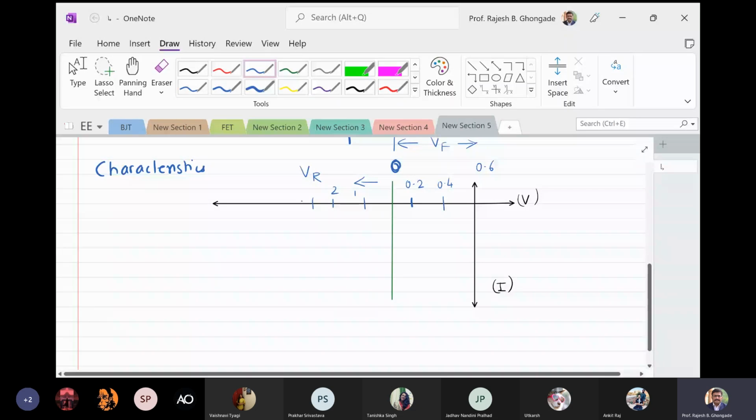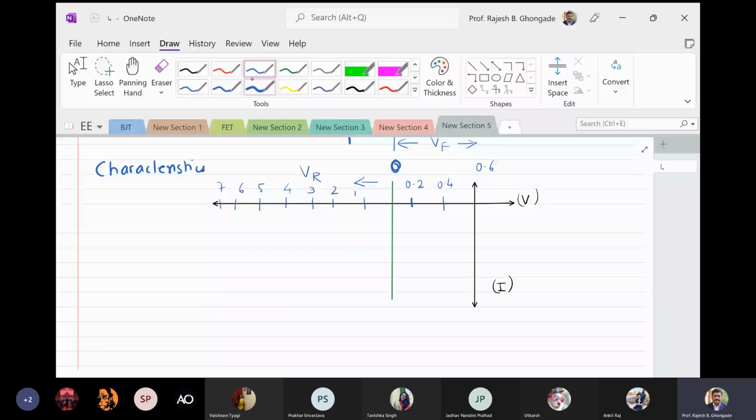This is negative voltage, please remember that. That is reverse bias. Okay, and if you try to draw the curves, it will look like this.